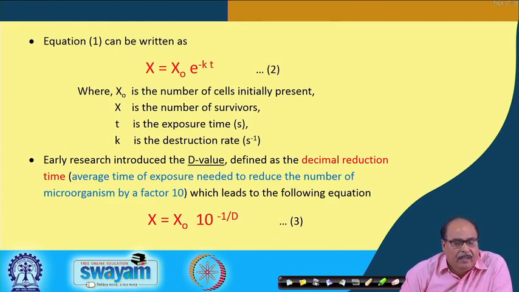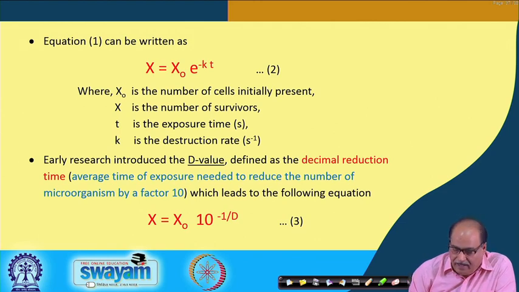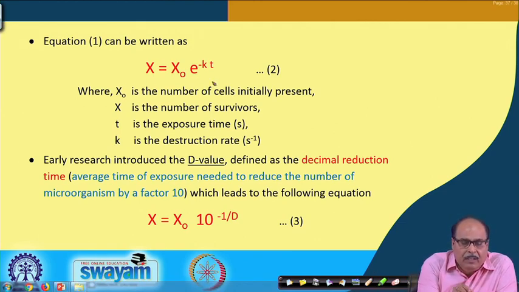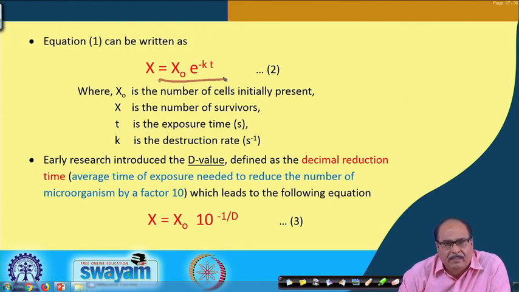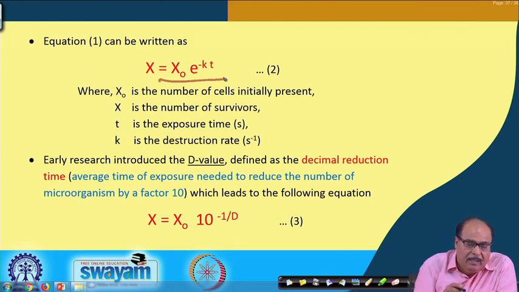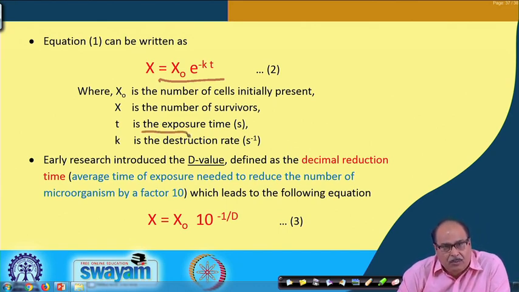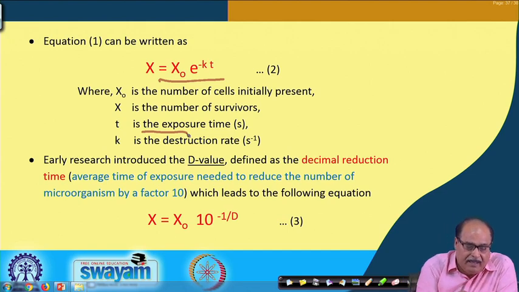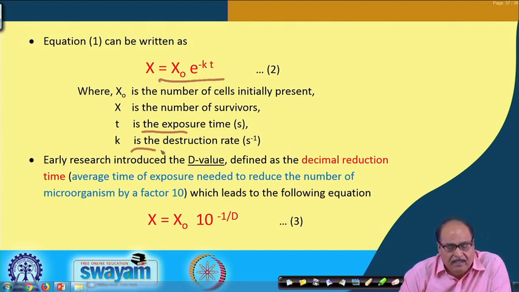Equation 1 can also be written as x = x0 e^(-kt), the exponential form of equation 1, where x0 is the initial number of microorganisms, that is the cells initially present, x is the number of survivors after the heat process, t is the time of exposure in seconds, and of course, k is the destruction rate constant.